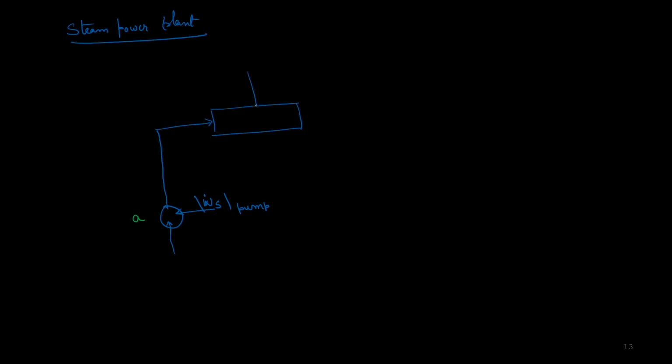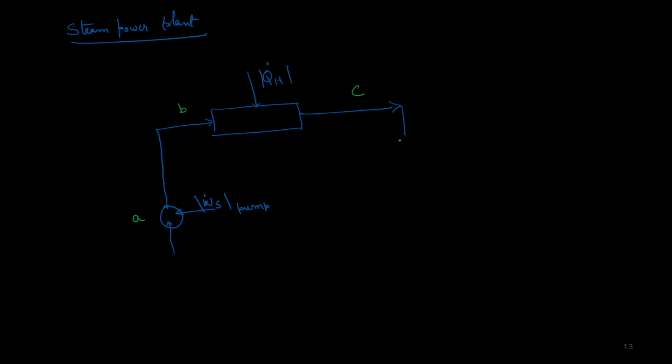wherein I'm going to add heat, QH dot, from a hot reservoir. We fire coal, we burn fuel, and then that fuel is going to transfer heat at the hot reservoir to this working fluid, and then, if the working fluid is water, we make steam after we add heat.